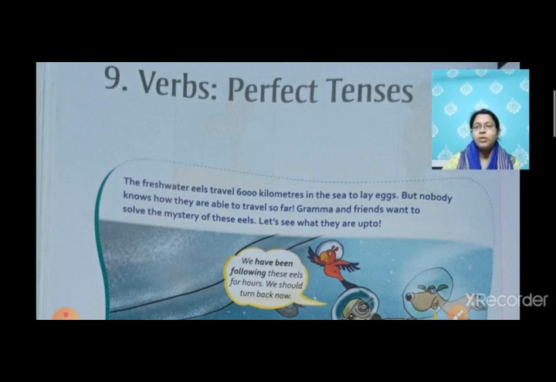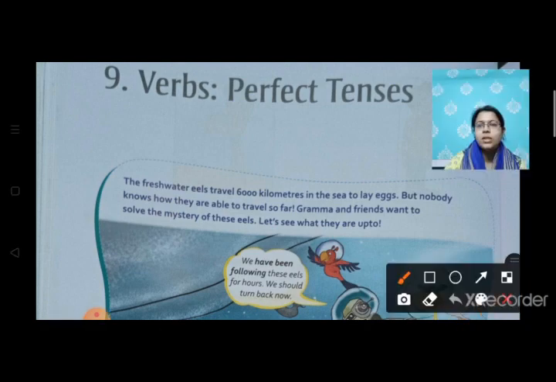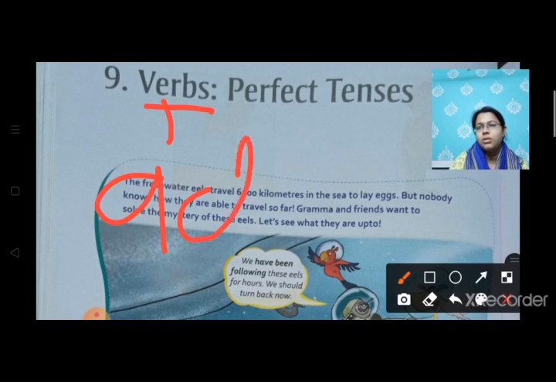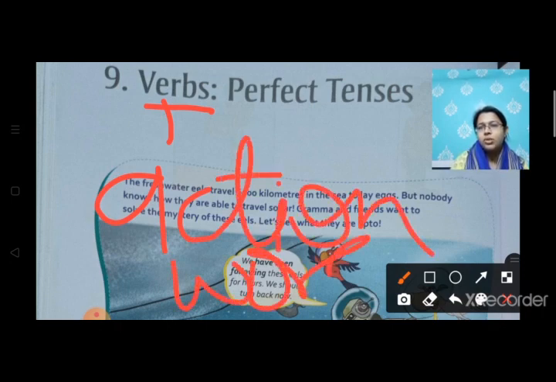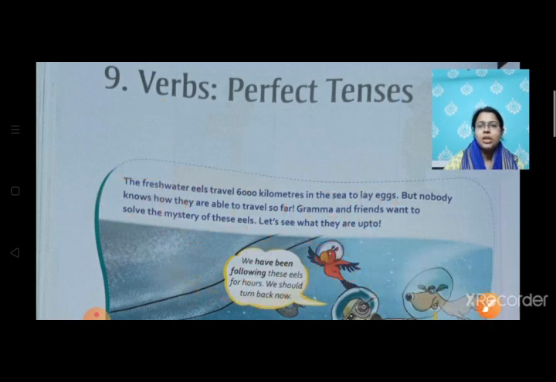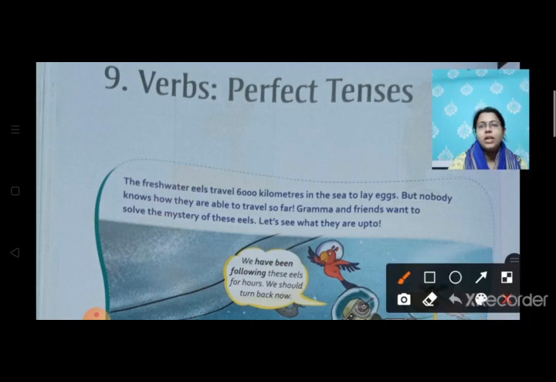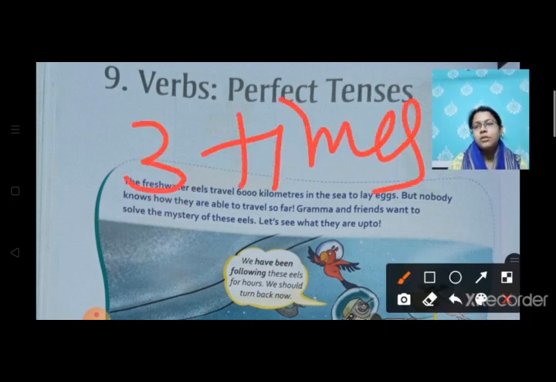Now here, as you can see the name, verbs, that means action words, right? And we are going to study about the perfect tenses. In English, when we are looking at the verbs, we come to know about the tenses and we talk about 3 times. What are those 3 times?